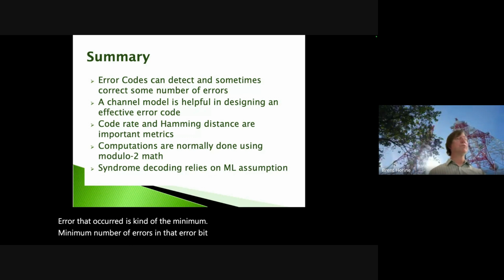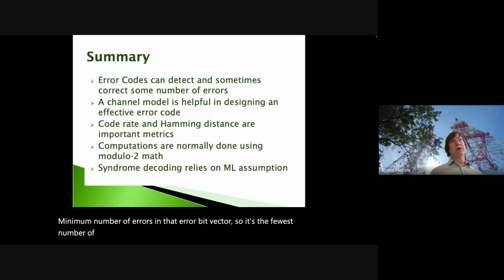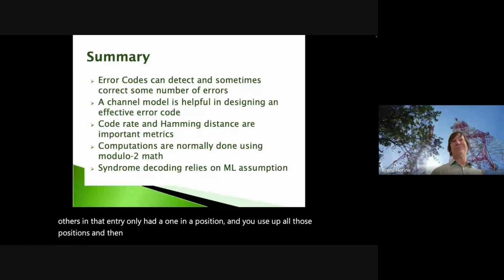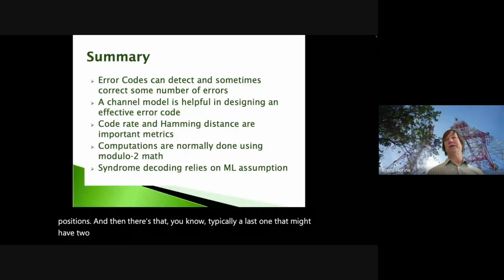So it's the fewest number of ones. As we saw, a 0 means there's no errors, and most of those other entries only had a 1 in a position, and you use up all those positions, and then typically the last one might have 2 bits in error.